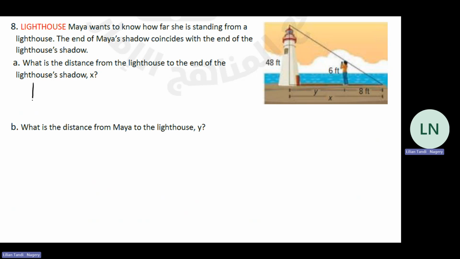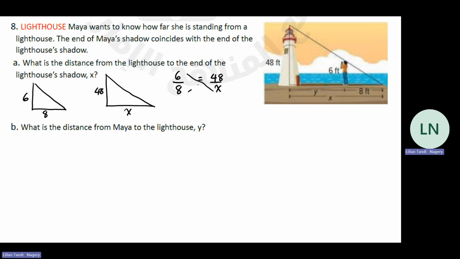I have the small right triangle, which is 6 by 8, and then I have the bigger triangle, which is 48 and x. So the question wants x. So we will write here 6 over 8 is equal to 48 over x.